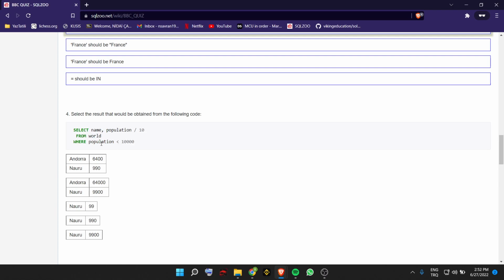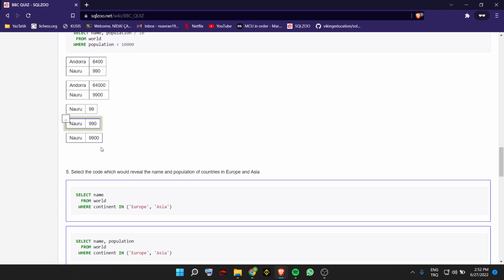So if population is smaller than 10,000, when we divide by 10, it should be smaller than 1,000. So it can't be this. It can't be this. Can't be this. It's either this or this. I believe that it's this. I don't know the population of Nauru, but I believe it's 9,900. So let's go with that.